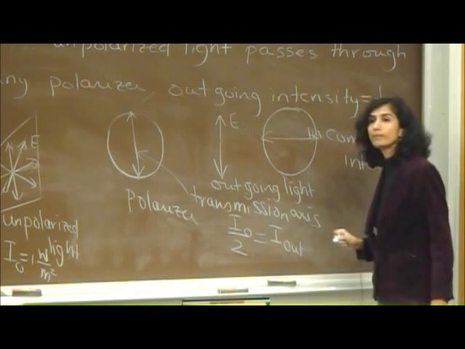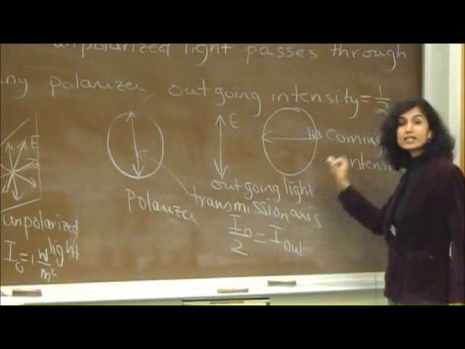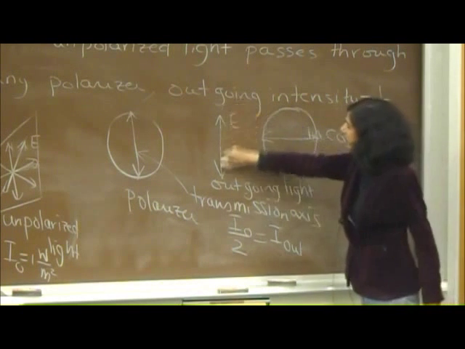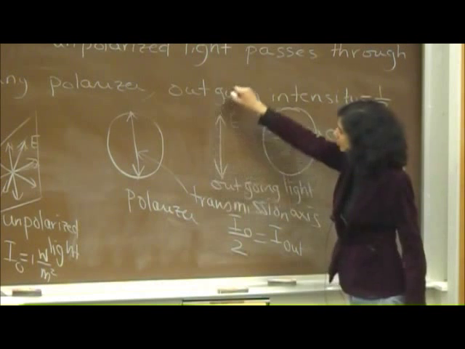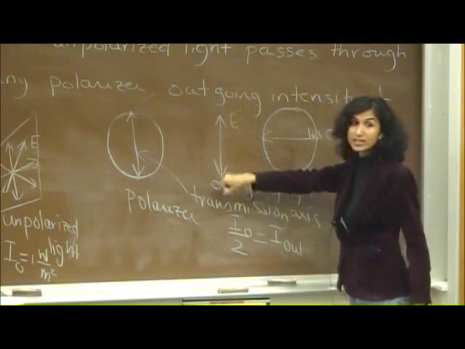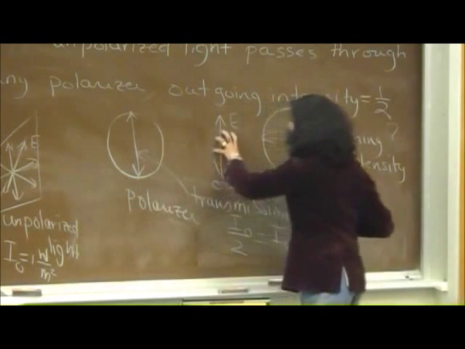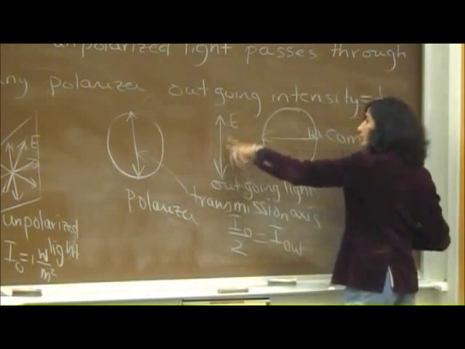It turns out that the intensity of outgoing light in this case will be 0. Why? Because this light here has its electric field only oscillating like this, because it's already polarized light, right? This was unpolarized light, but this is already polarized with its electric field pointing this way.